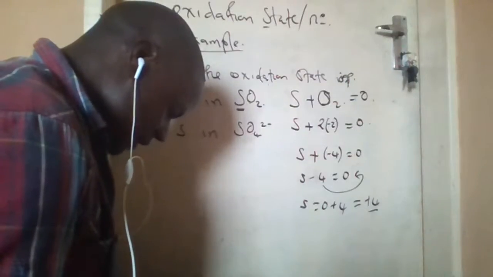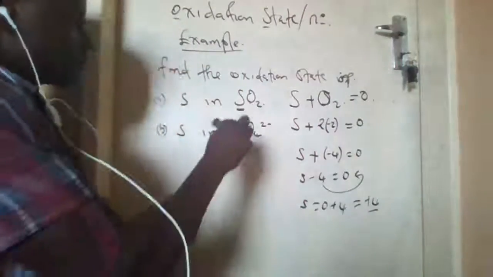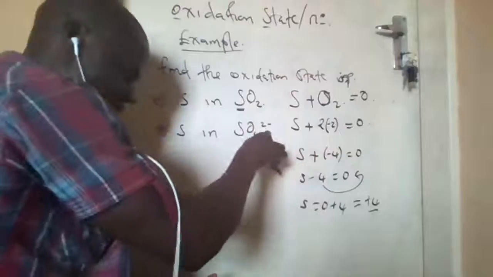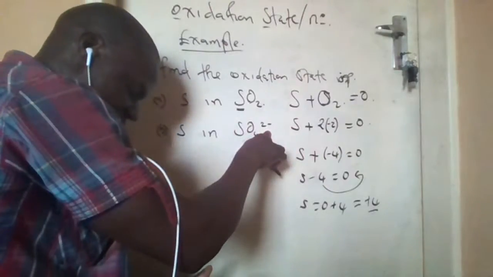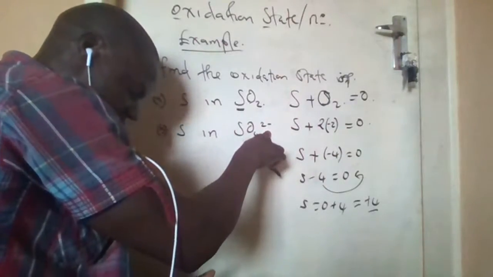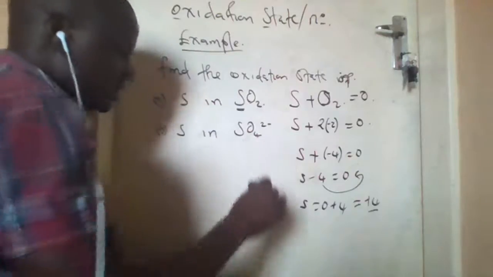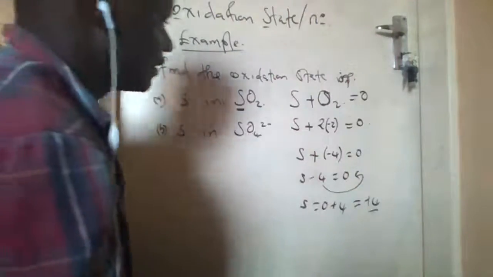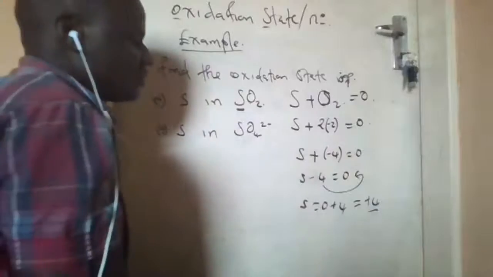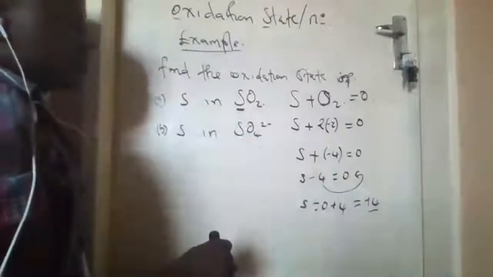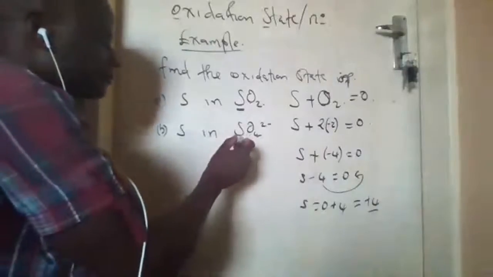We're going to consider the charge. We said the overall is 0, but in here the overall is 2 minus. It's supposed to be sulfate, but it's okay, so that we also look at a different format, the oxidation state of sulfur in here.